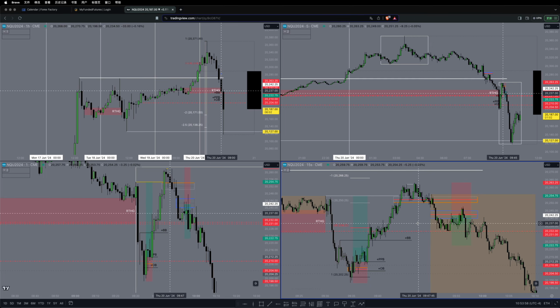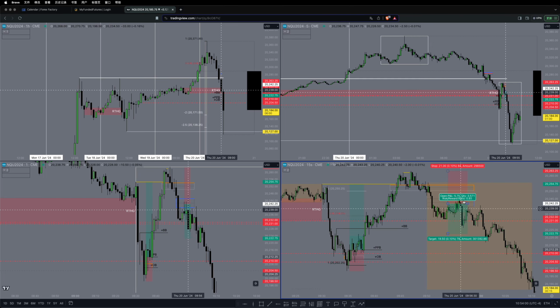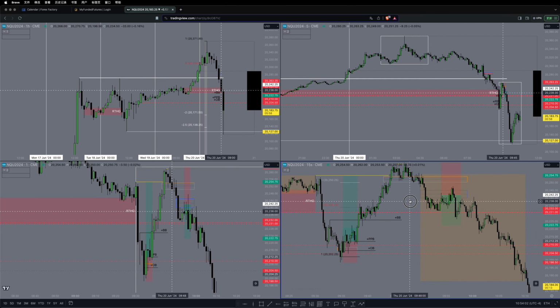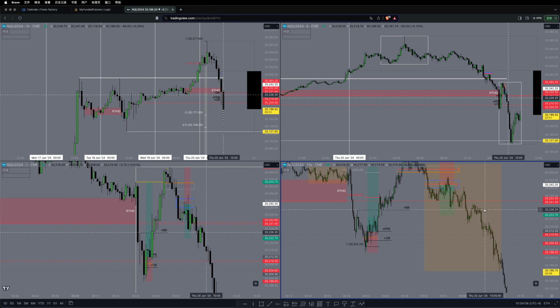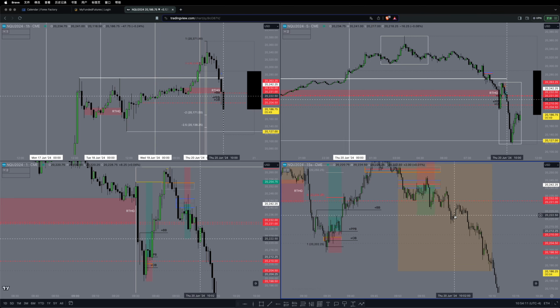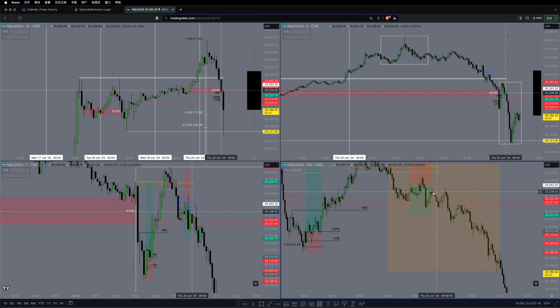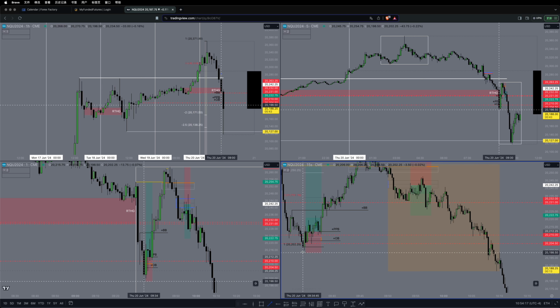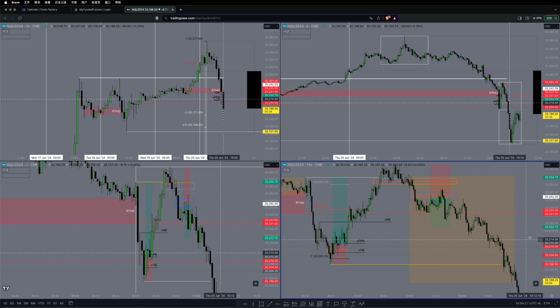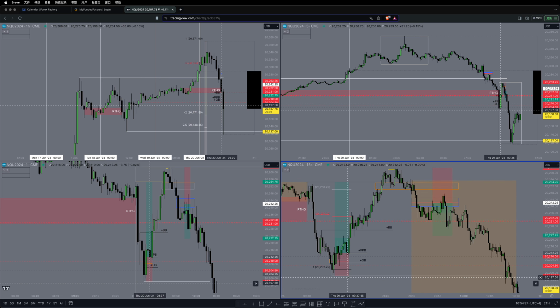got in here, and here the price kind of chopped around, had some accumulation, and then boom, macro starts to drop. Macro drives the price lower. This will be your bread and butter market maker sell model, draw on liquidity.